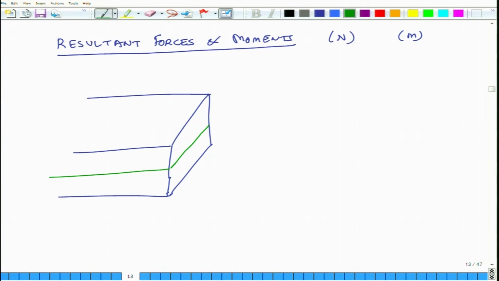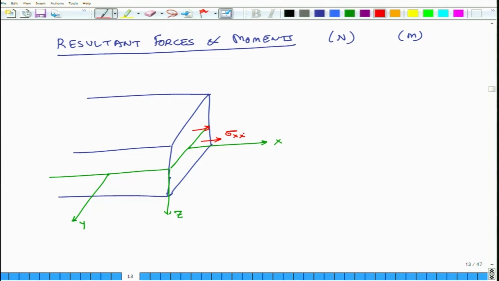This is my z axis, let us say this is x, this is y. Okay. So, the stress in the x direction on this face is sigma xx.